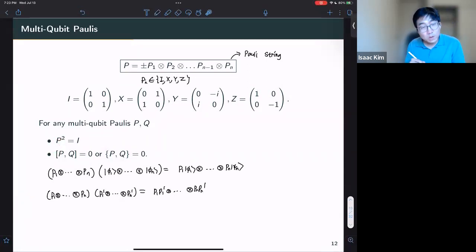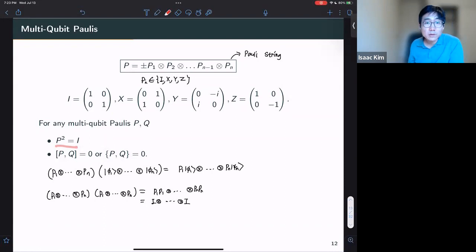So P squared must be identity because, for example, if I just remove the prime and square a Pauli string, I'm going to get simply P1 P1, all the way to Pn Pn, which is simply I tensor I, which is just the identity on the entire Hilbert space. So that's how you prove this.